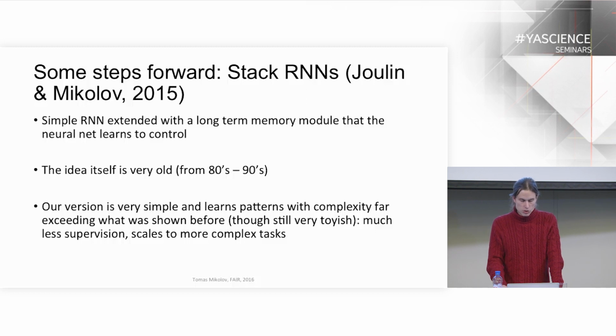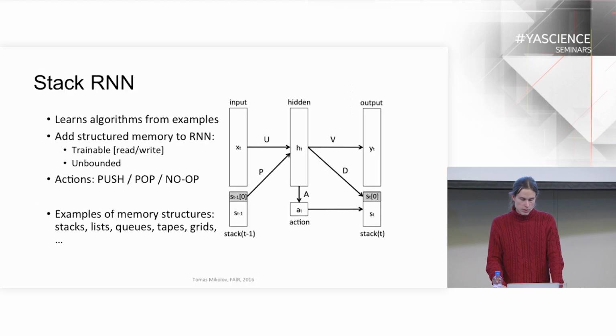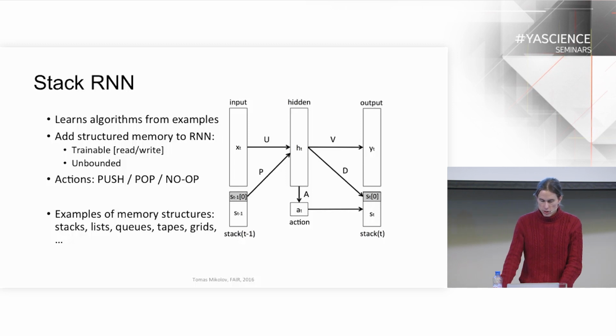We can just choose the most simple one, which would be a stack or several stacks that the recurrent network learns to control. So the model still looks very much like a recurrent network, and in fact it actually is a recurrent network with some special connectivity in the recurrent matrix, as is explained in more detail in the paper.